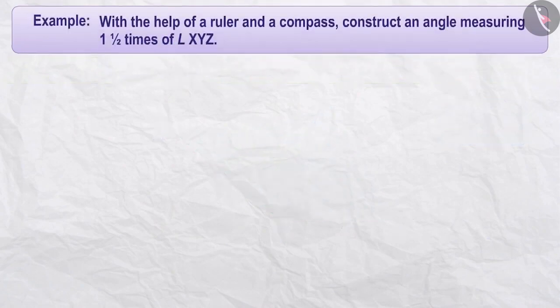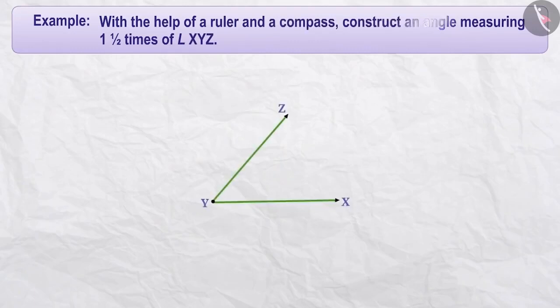Next example. With the help of a ruler and a compass, construct an angle measuring 1.5 times of angle XYZ. At first, this question may seem difficult, but with the correct understanding of the composition of an angle, one can easily solve this question.